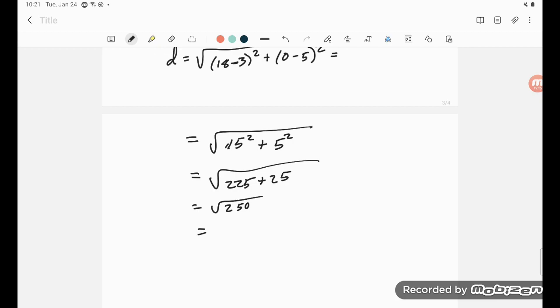Okay, and again, I'm going to do the calculation real quick. So I need the square root of 250.